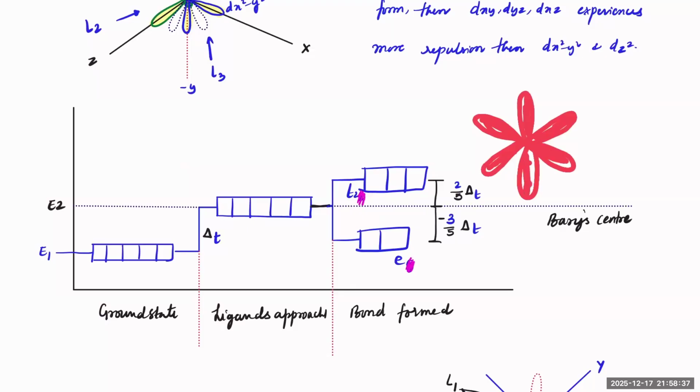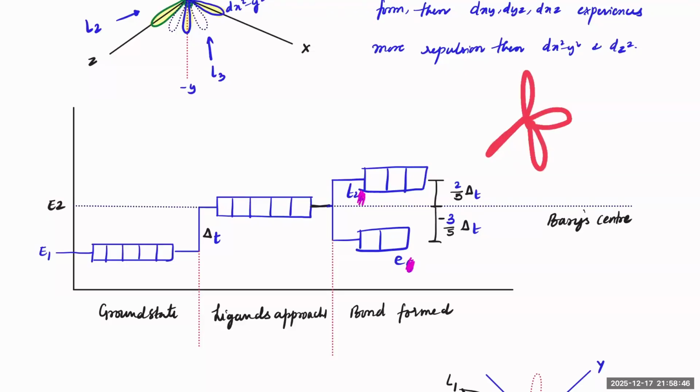This will have uniform symmetry. So whenever there is a symmetrical orbital forming, you call them gerade orbitals. Tetrahedral is unsymmetrical, so because it is an unsymmetrical form, we remove that G terminology. So we simply call them E and T2.